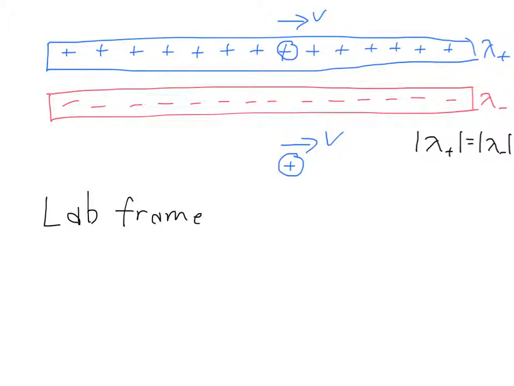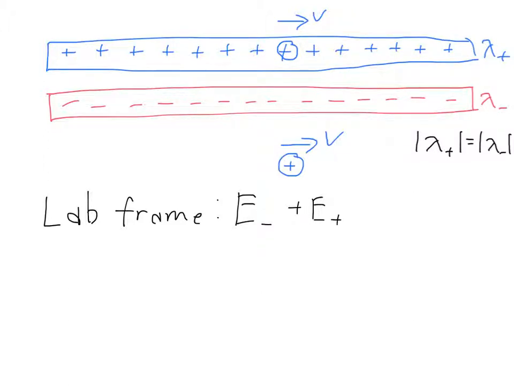we can first look at the electrical forces. So there'd be some sort of electric field from the lower wire, the negative wire, and we'd also expect an electric field from the upper wire, the positive one.